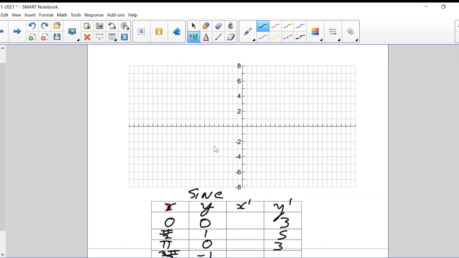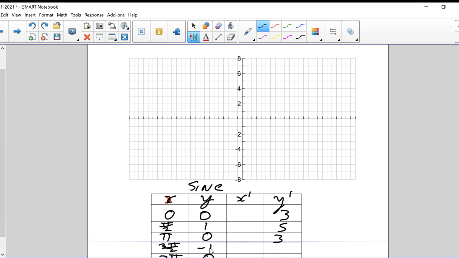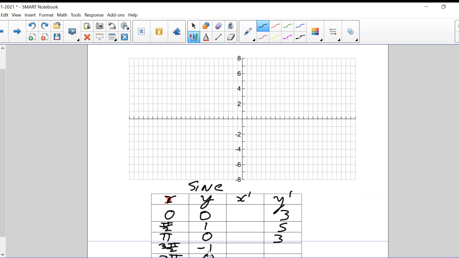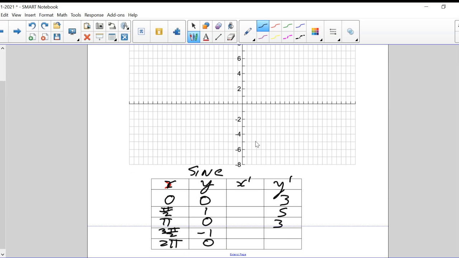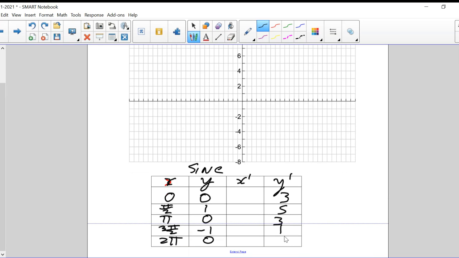But when we get to -1, it's going to be 2 times the -1, which is -2, plus 3, which of course is 1. And then the last one is going to be 3 again, because every time we had 0, it was 3. It's the same y value of 0.